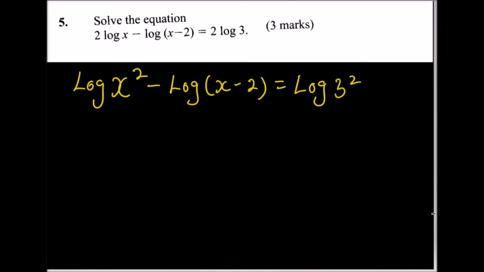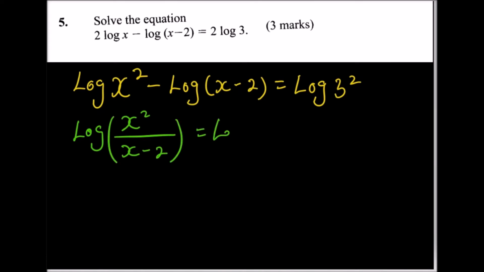So once you get that, now we can combine the left hand side, and we have the logarithm of x squared divided by x minus 2, in bracket, is equal to the logarithm of 9. So you get the anti-logarithm, and you get x squared divided by x minus 2 is equal to 9.